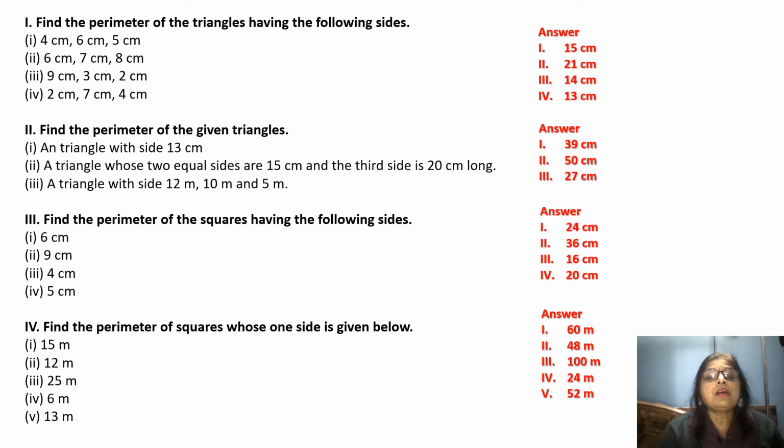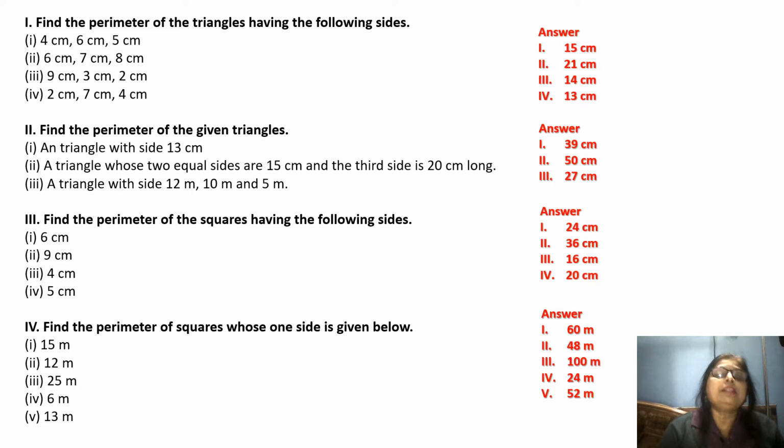The next question is: find the perimeter of the triangle having the following sides. It means you have to find the perimeter of the triangle whose sides are given below. A different type of question is given here, and my dear students, you will solve it with whatever I have discussed in the earlier slides.